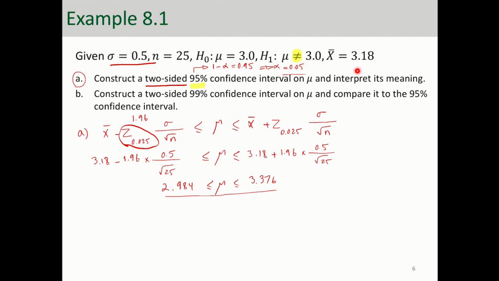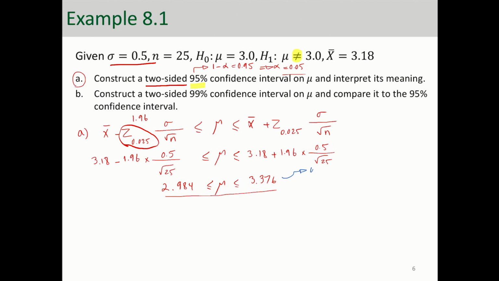Based on the sample of 25 that we collected, and the average that we took, the confidence interval is between 2.98 and 3.37. That means with 95% probability, the average GPA of the university is between these two values. That's the meaning of a confidence interval.